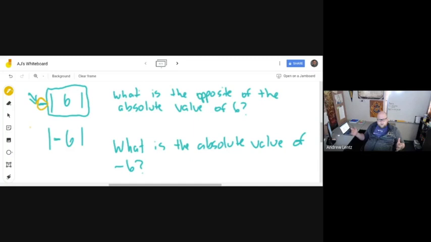Okay? So the top one reads, what is the opposite of the absolute value of 6? Well, the opposite of the absolute value of 6 is going to be negative 6. The absolute value of negative 6, well, how many steps away from it are we? Well, it's 6 steps.